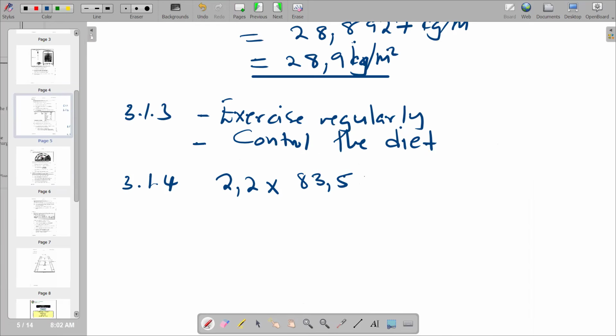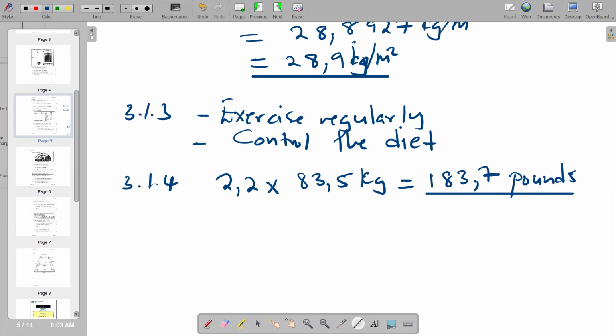We are going to get it as 183.7 pounds. So this is what we have on this part. So this one becomes our final answer on that one. Then moving on to the next part, we can just try to verify the calculation of 2.2 times 83.5.